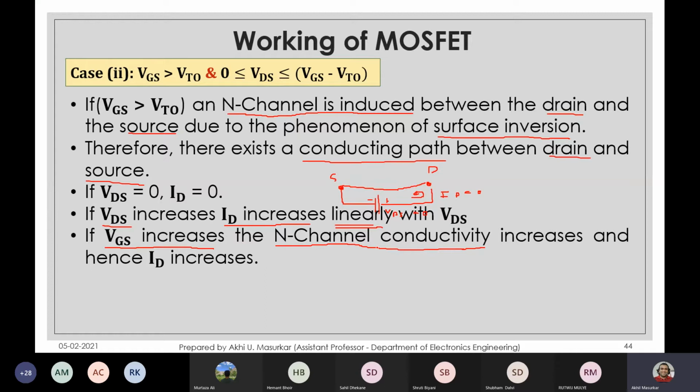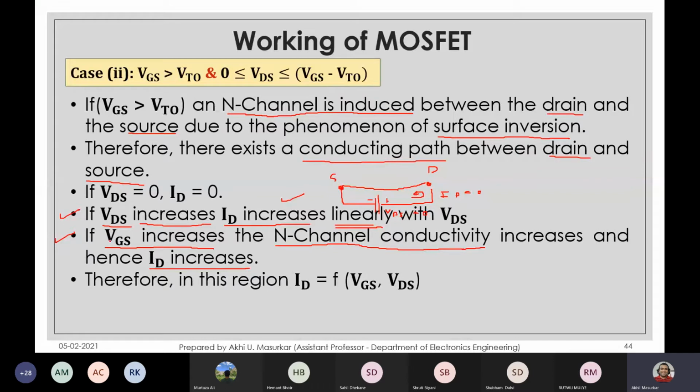If VGS increases, you are increasing the conductivity of the channel, and if conductivity increases, ID also increases. So you get some kind of linear relationship between these terms. You can see here ID increases from this point and this point. If VDS increases, ID also increases. If VGS increases, channel conductivity increases, and hence ID also increases.